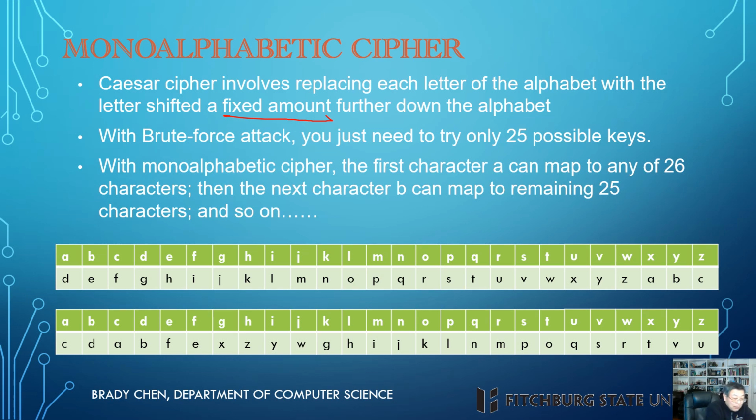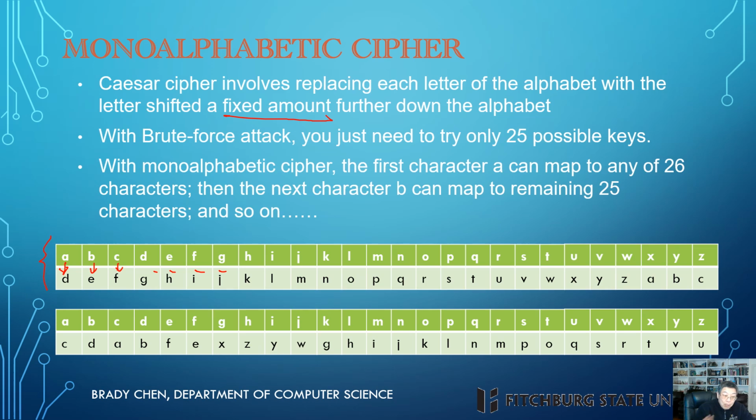For example, the first one is the one we used in the Caesar cipher with key equals 3, right? K equals 3. So we map A to D, which is shifted to the right 3 positions. Now B maps to E, C maps to F. Now in this mapping, each character in the plain text maps to the letter 3 positions to the right.